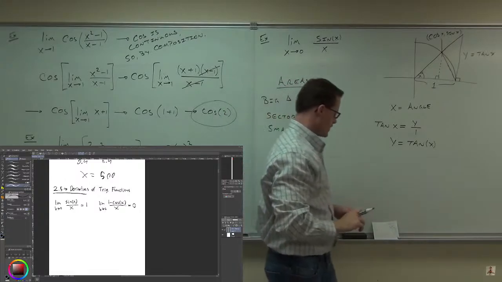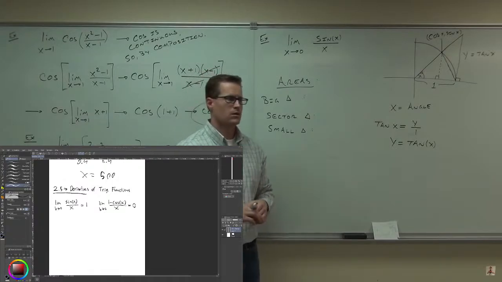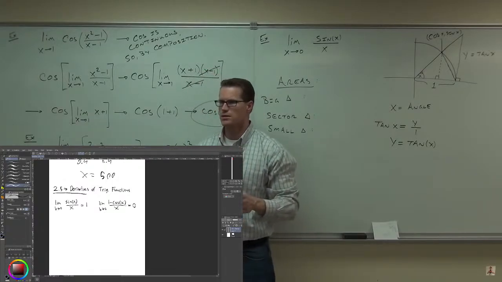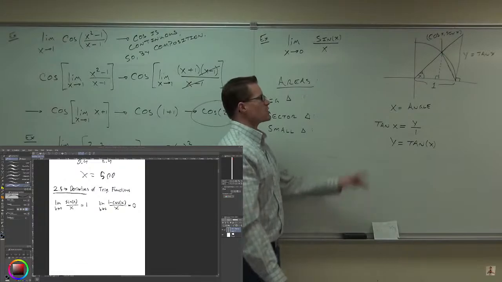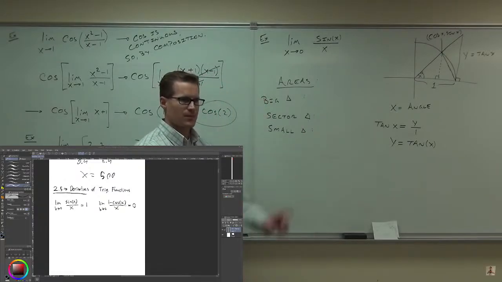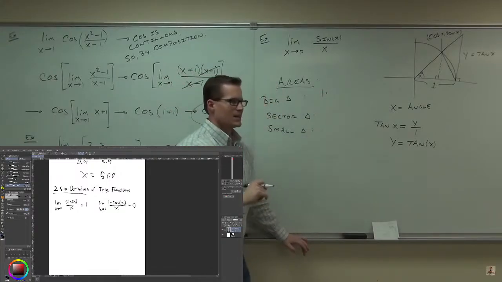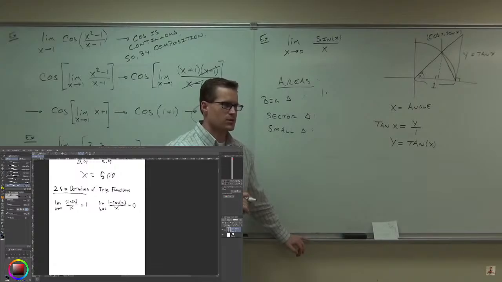Can you tell me how you find the area of a triangle? It's base times height over 2, yes? 1/2 base times height. Let's look at the big triangle. What's the base? 1. Base is 1. Very good. What's the height? Tan x. Instead of y, let's say tan x.